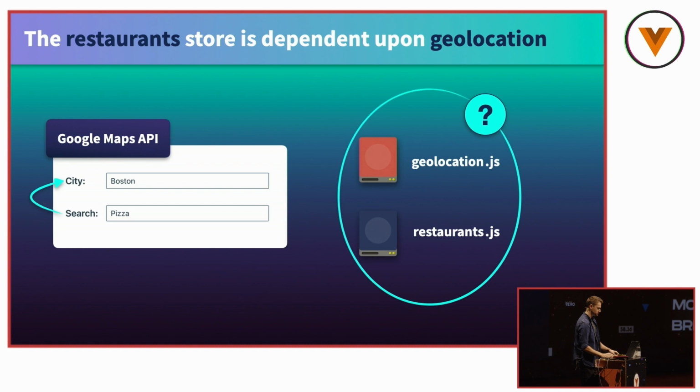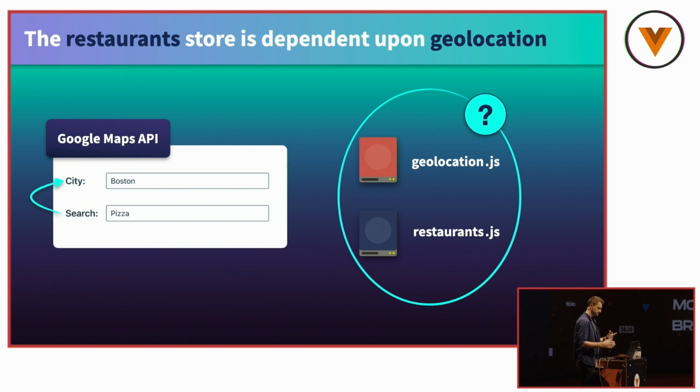As we know, the restaurant store is requesting that list of relevant restaurants, and it's relying on geolocation data. So this means we need to use data from the geolocation store inside of the restaurant store. Does this completely ruin our approach to separating our stores like this?